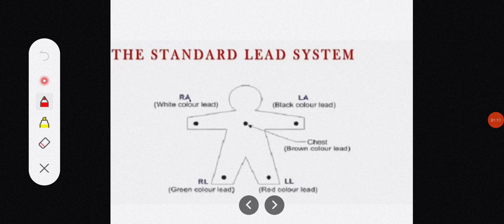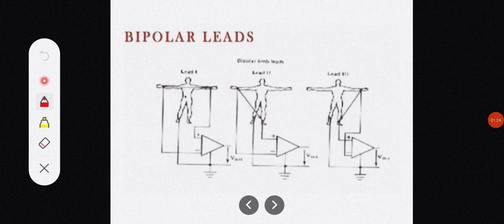Whenever I use the term lead, it indicates a particular group of electrodes and how they are connected to the amplifier. In the subsequent slides I will show that the leads are connected to the amplifier.